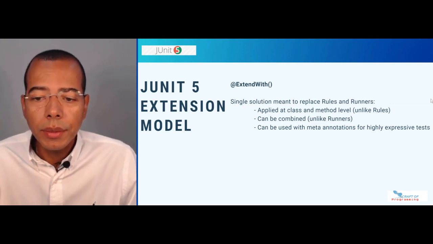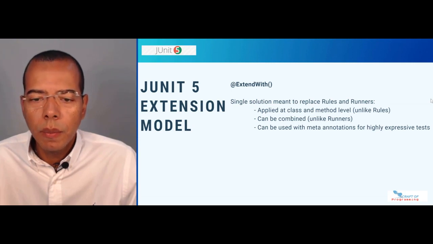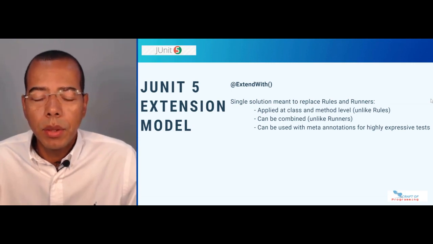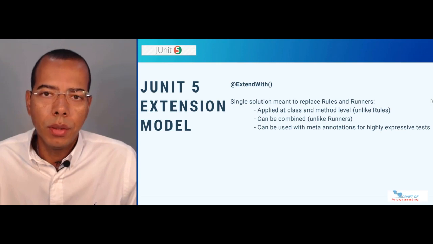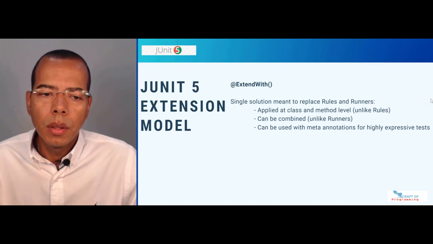Unlike rules, you can apply ExtendWith at a class level and at a method level. And unlike runners, they can be combined, which is something that rules provided. And you could also define meta-annotations or your own annotations to have highly expressive tests.